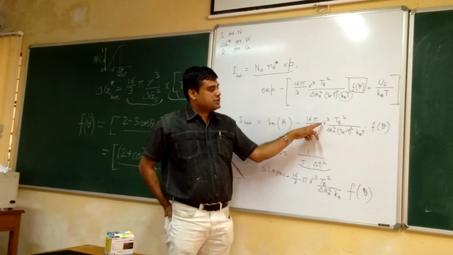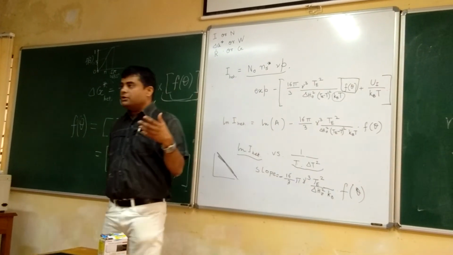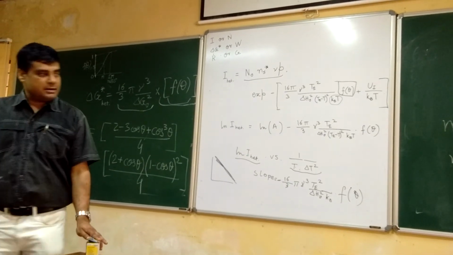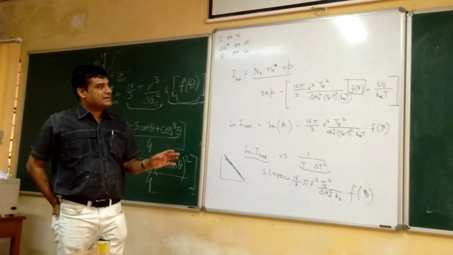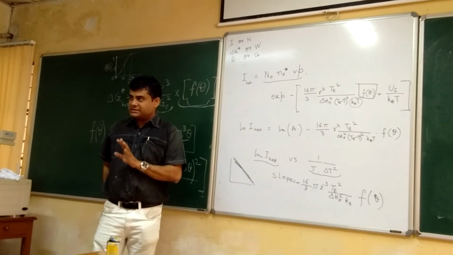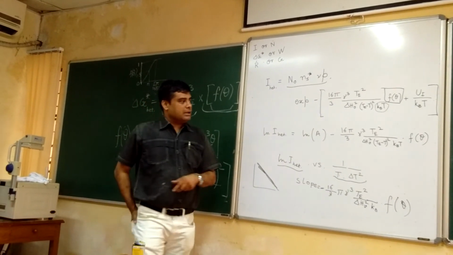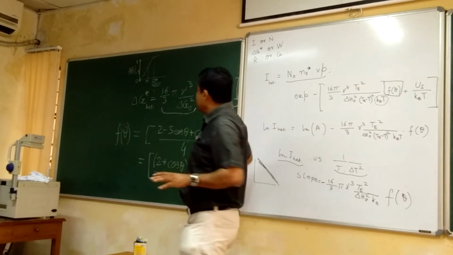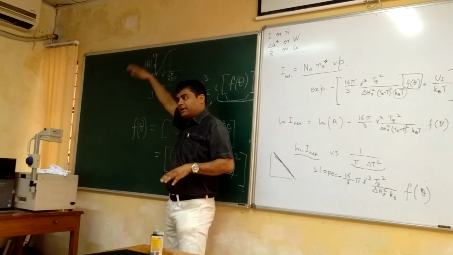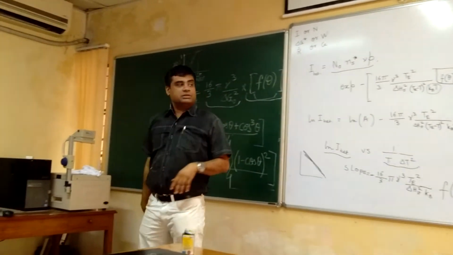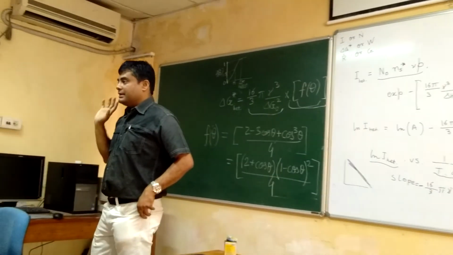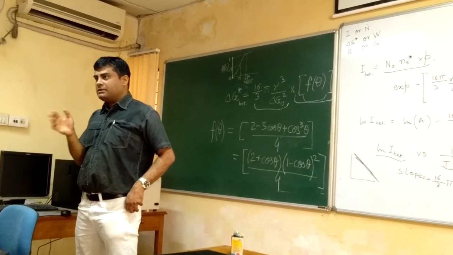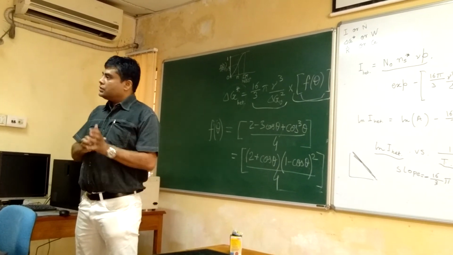You use the gamma value to be 0.2 joule per meter square, or 200 erg per centimeter square, and you find out what delta T is necessary for homogeneous nucleation. Put a value for F theta, some value between 0 and 1, say 0.5, and find out what delta T you are getting, because you now know the nucleation rate equation with all these functions.